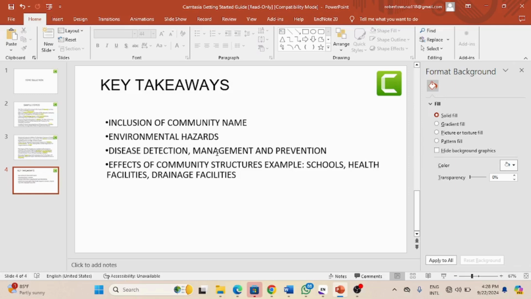Then disease detection, management, and prevention. In biomedical engineering, we help in the well-being of people. For the delivery of healthcare, we play a role in bringing out technologies that will support disease management, detection, and also prevention. So almost all devices can come into play for this section.